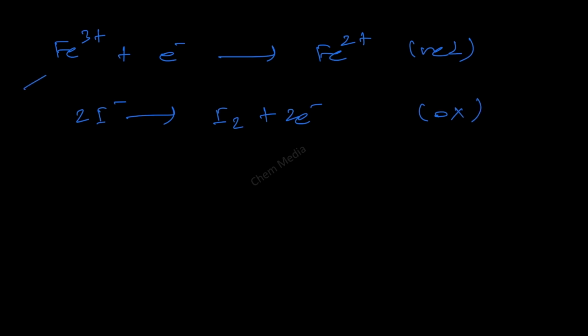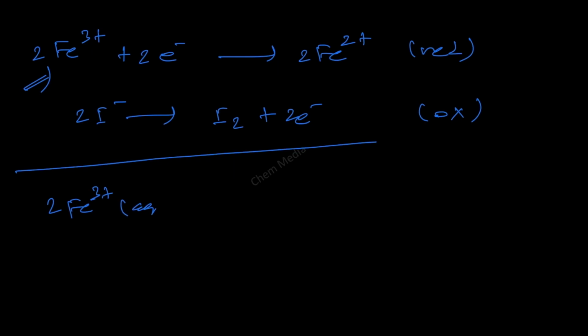Now, to balance the equation, we have to multiply this entire equation by 2. Therefore, the net reaction is 2Fe3+ + 2I⁻ giving 2Fe2+ + I2.